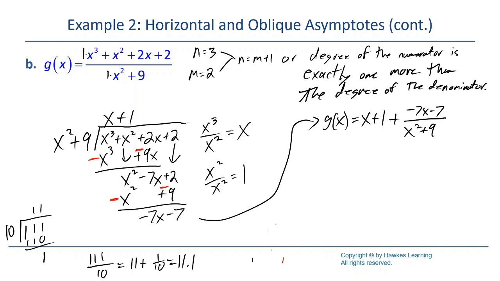So when you do it with polynomials, it's the same way. It's what did you get as your result, add on to the remainder divided by your divisor.